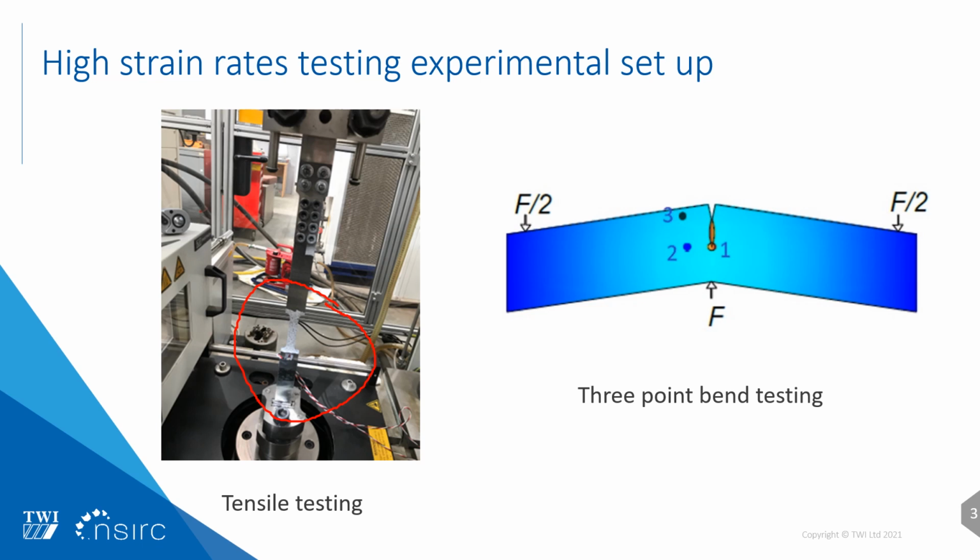We also have the 3-point bend specimen here, which we use for the Charpy test and also for the impact testing. These are used to obtain mechanical properties at high strain rates, such as fracture toughness and the ultimate tensile stress.